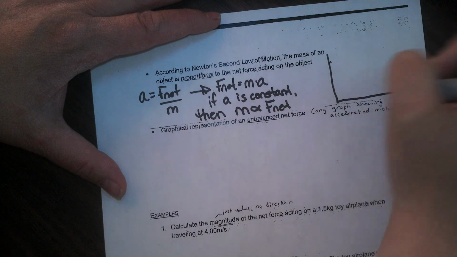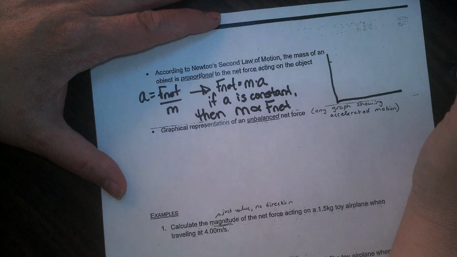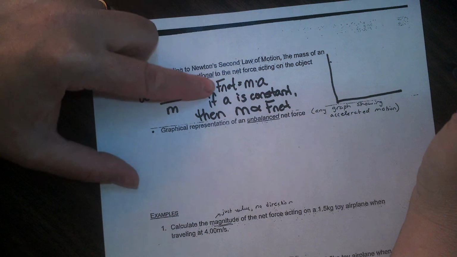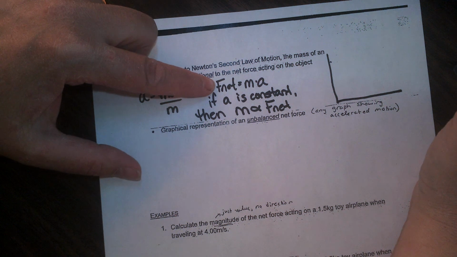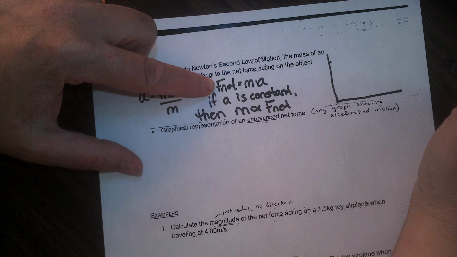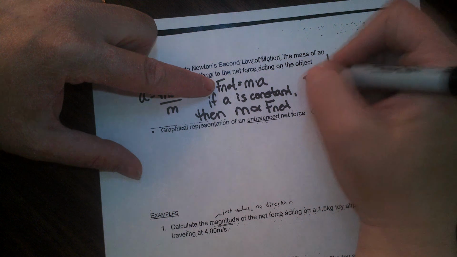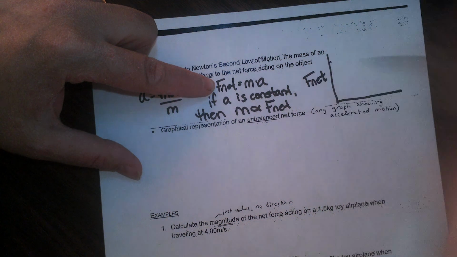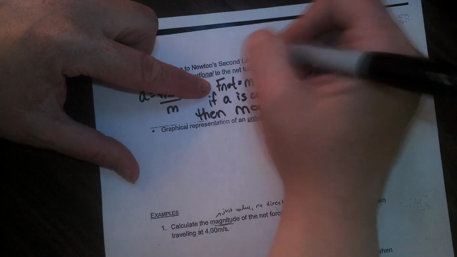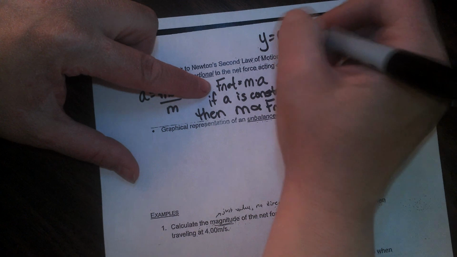Okay, CJ, this is redemption time. In this way that it's written, force net is equal to mass times acceleration. Where would we put force net? So close. Y is equal to mx plus b.